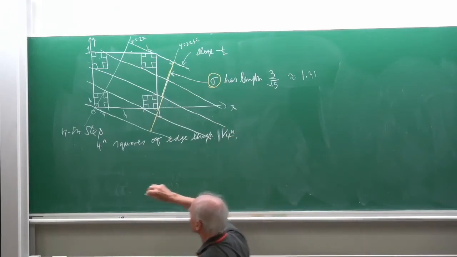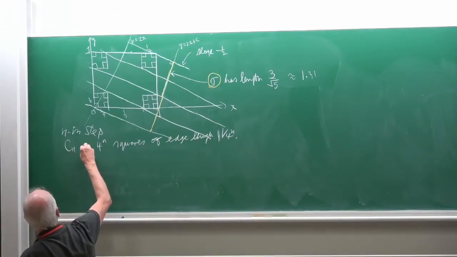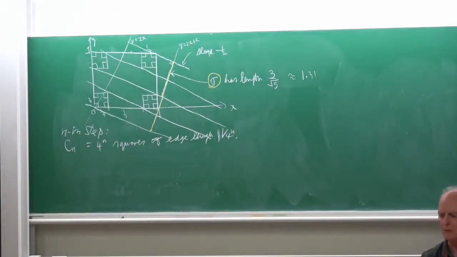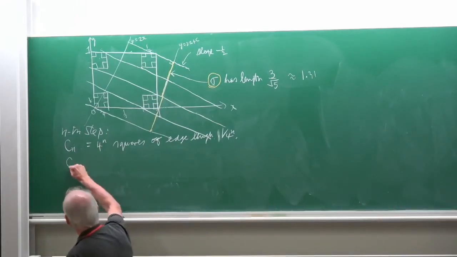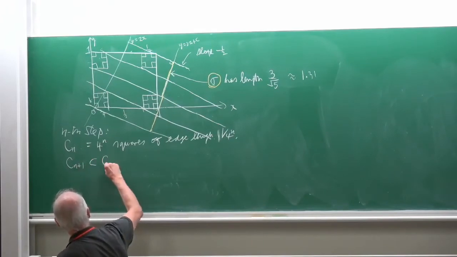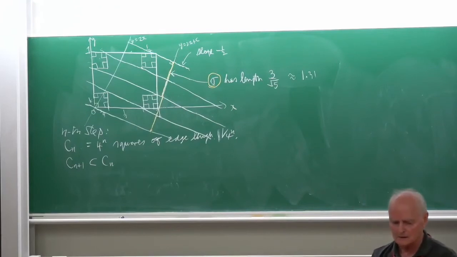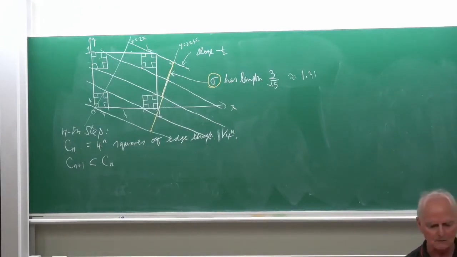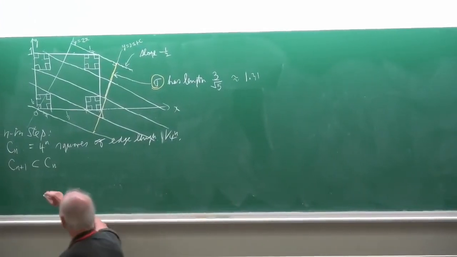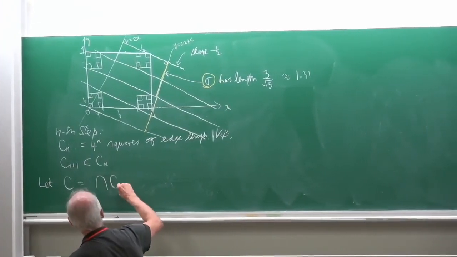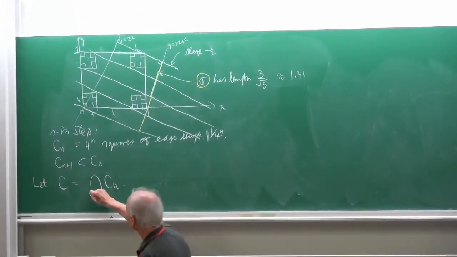And of course we call that Cn. It's the union of 4 to the n squares, each of length 1 over 4 to the n. And notice, of course, trivially, Cn plus 1 is contained in Cn for every n, so it's a decreasing sequence. Furthermore, that means that the intersection is non-empty because it's a decreasing sequence of compact sets. So let C be the intersection over n equals 1 to infinity.